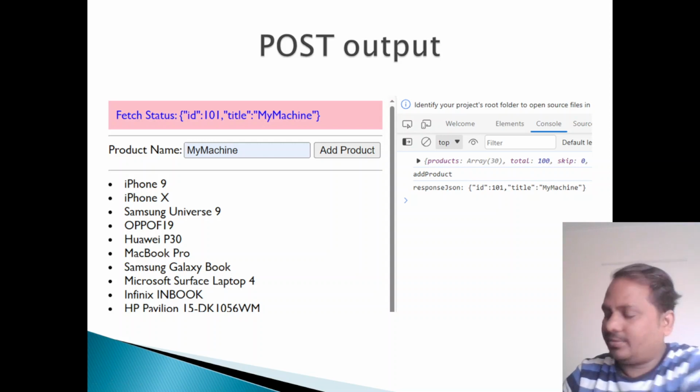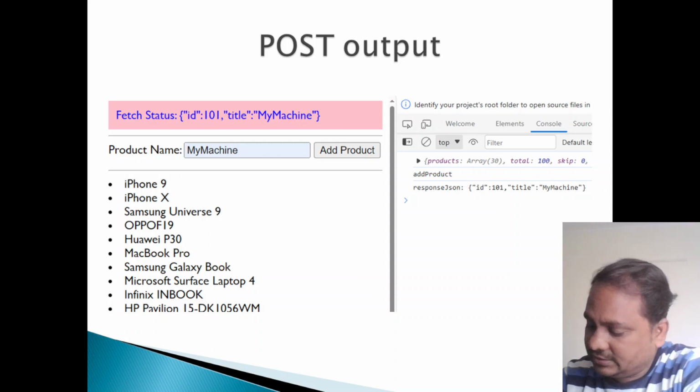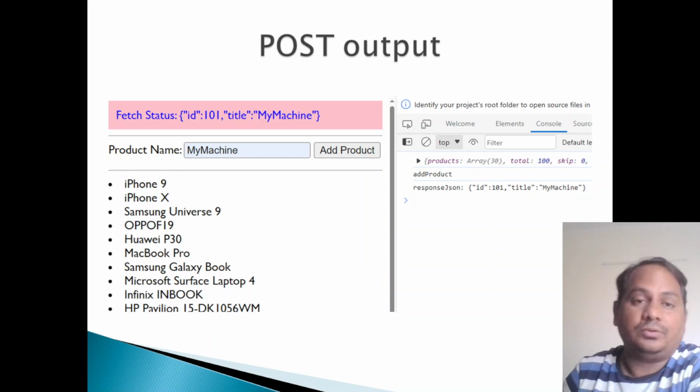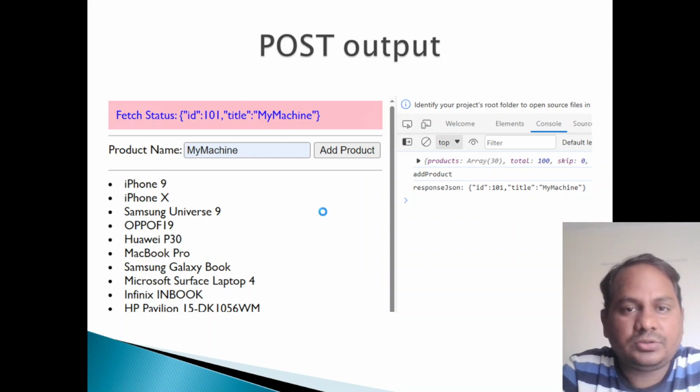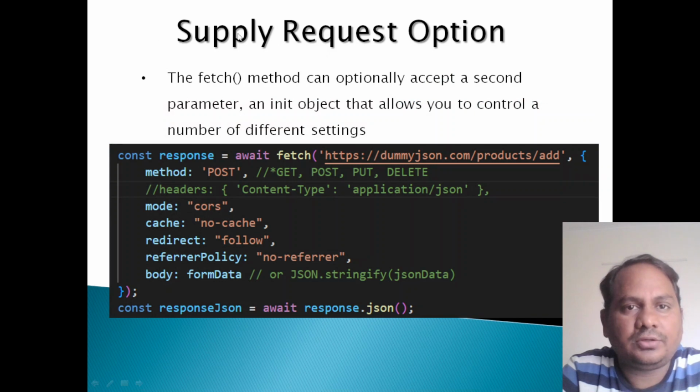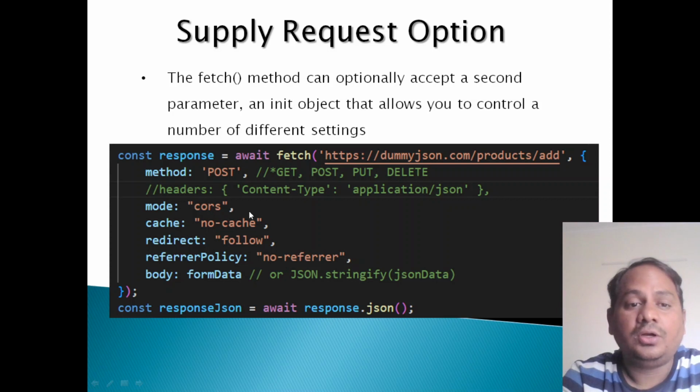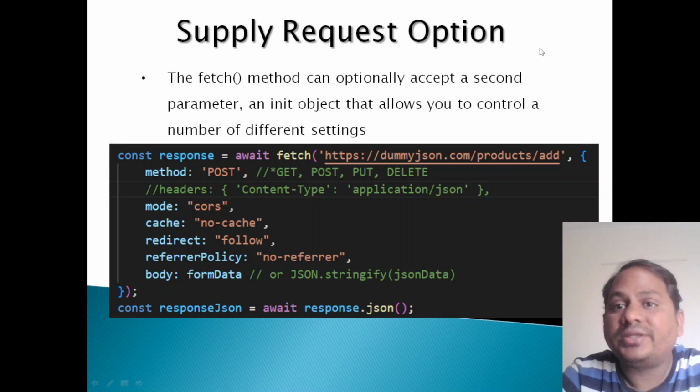I have something more to talk about this. We talked about this request option, and I have another example that we will see in the next video, where this second parameter, this configuration parameter or request option, basically called options, will be used.